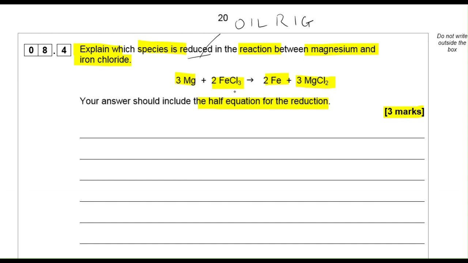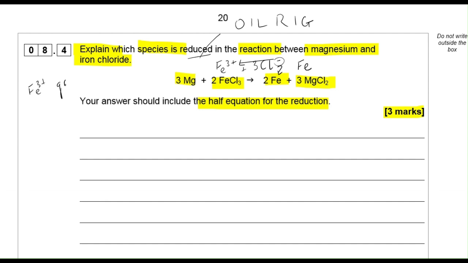So let's look at the ions involved. Iron chloride is made up of an Fe3+ ion and a Cl- ion 3 times. Now those Fe3+ ions have been made into metallic iron atoms with no charge. So in order to do that, they must gain electrons. So the Fe3+ gains electrons to make Fe.